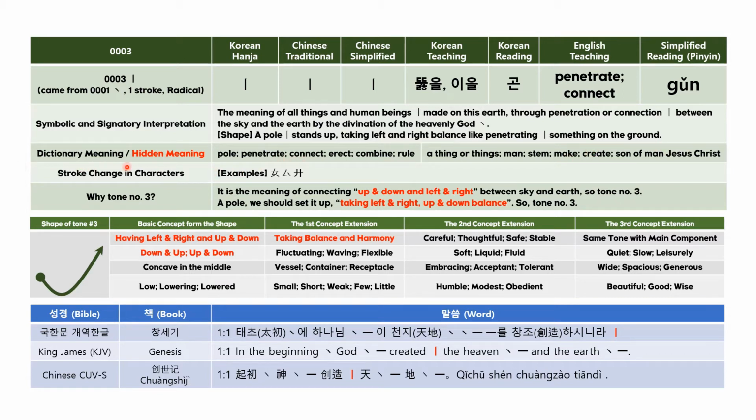So the dictionary meanings of this character remaining in the dictionaries in Korea and in China are a pole, to penetrate, to connect, to erect, to combine, and to rule. You need to remember this dictionary meaning, but also, hold on please.